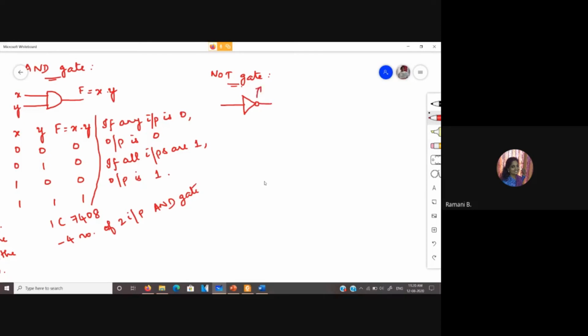This bubble implies the complementing operation. So if I give X as input, I will get X bar as output. Here we have only one input. If I input a 0, I get not of X, so the output is 1. And if I give input 1, output is 0.